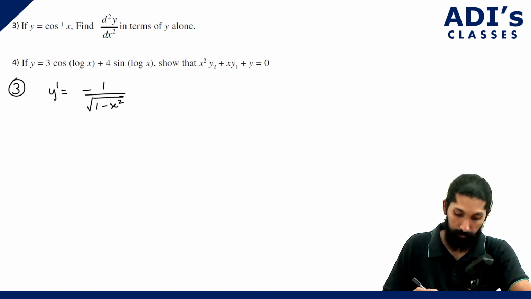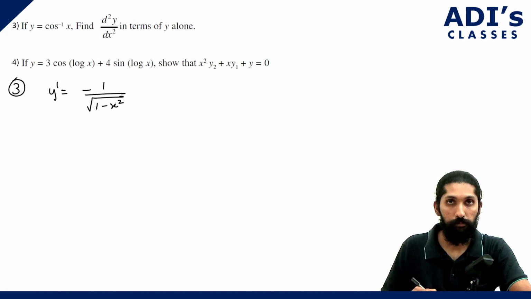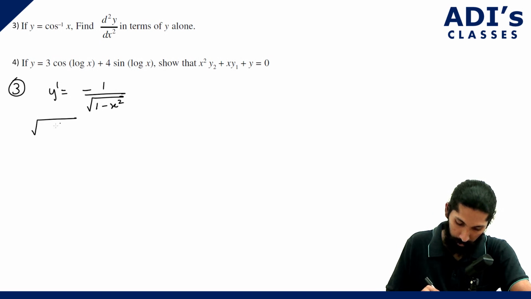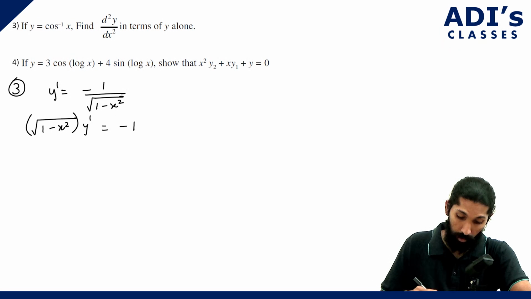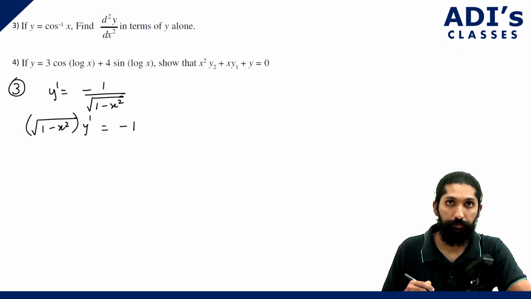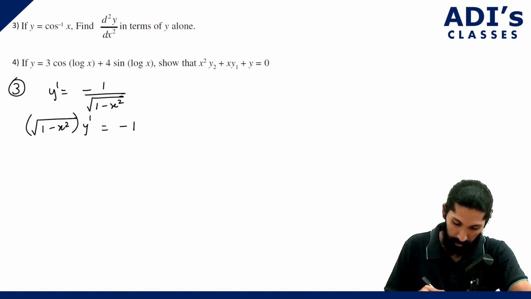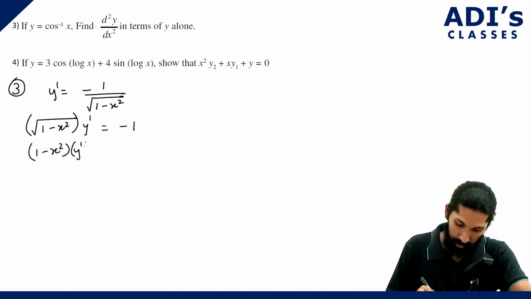Fair enough. Cross multiply. So if you do that, you'll get root 1 minus x square into y dash is equal to minus 1. Correct? Square on both the sides. Alright, so if you square on both the sides, 1 minus x square into y dash whole square is equal to 1.